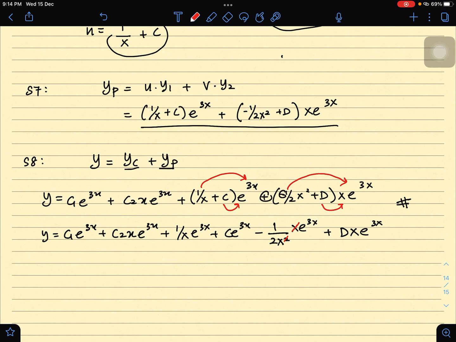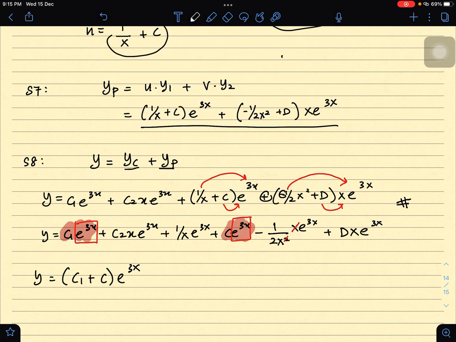Okay, so kelas, kita tengok yang mana yang sama. Ni exponent 3X, yang ini exponent 3X. Okay, so kita boleh tulis dia jadi C1 tambah C exponent 3X. So yang ni dah settle.